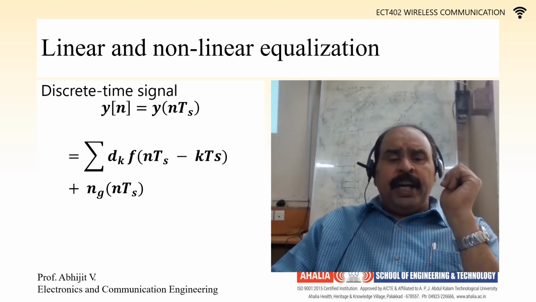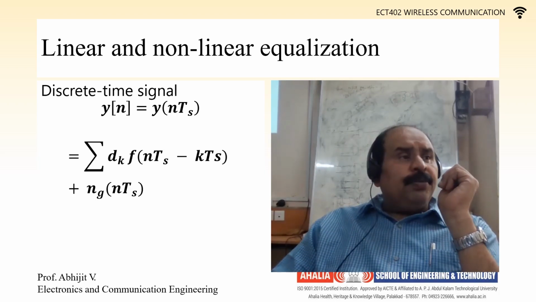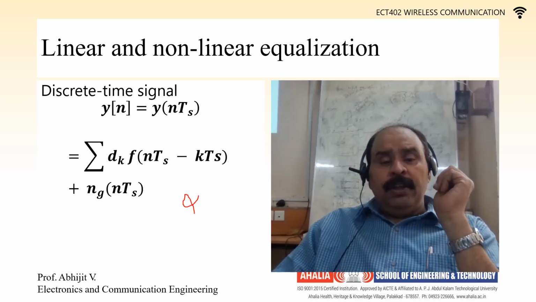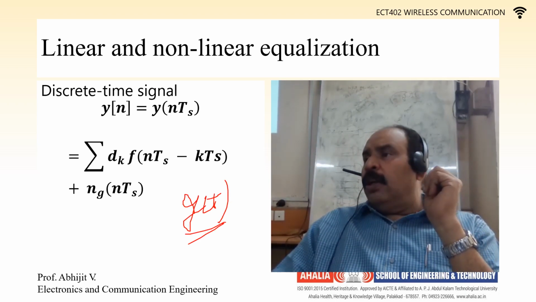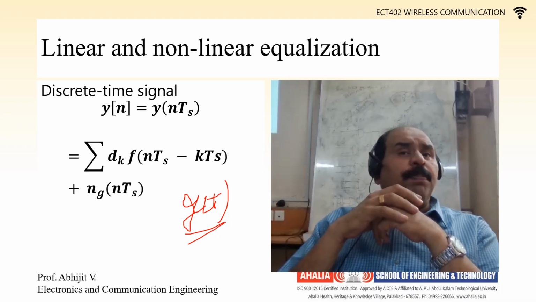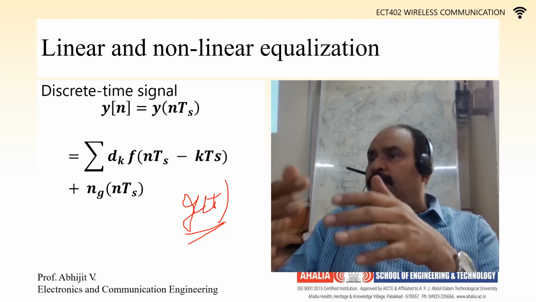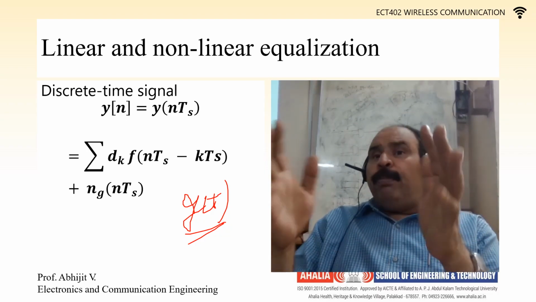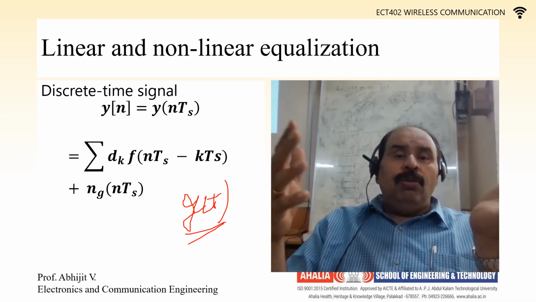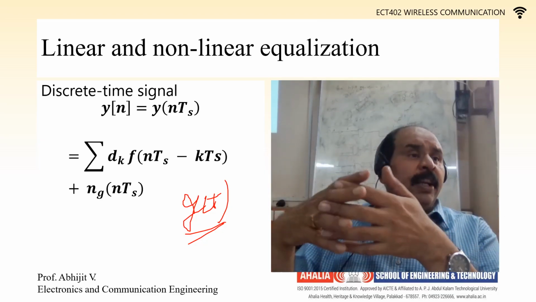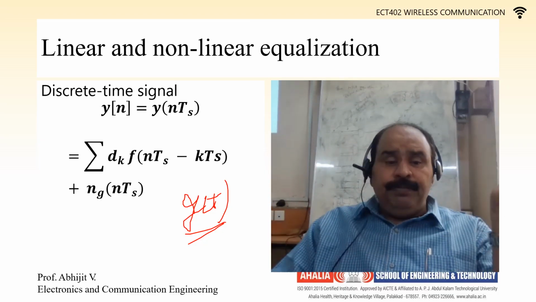We have to note that we have seen two parts, right? g(t), what is g(t)? g(t) is the response of the pulse shaping filter. Pulse shaping filter we have control over. We are designing the filter. But the channel we don't have any control over, right? The channel is time varying and highly volatile.